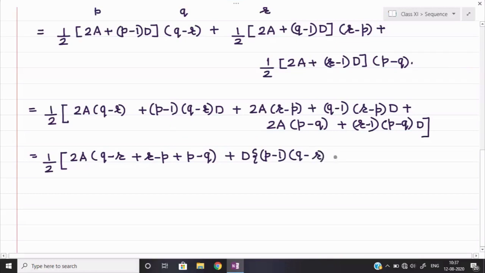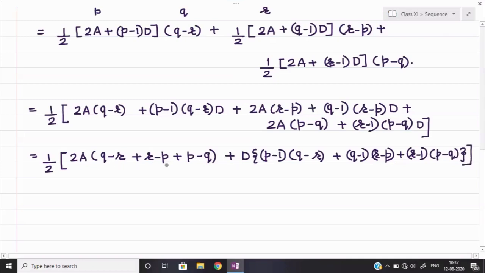Similarly, Q minus 1 into R minus P, and similarly the third pair of brackets is R minus 1 into P minus Q. That I will close here, and then the square bracket is also closed.